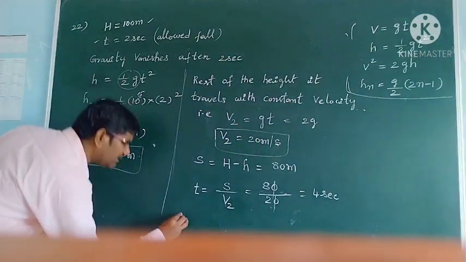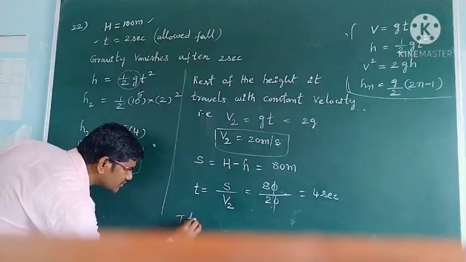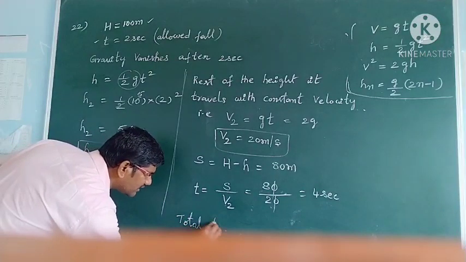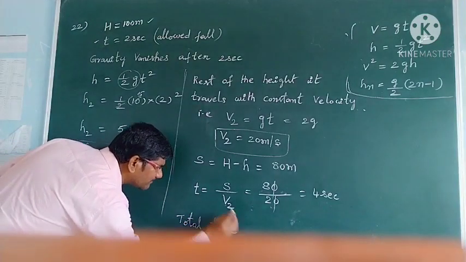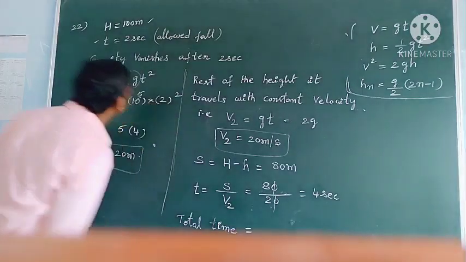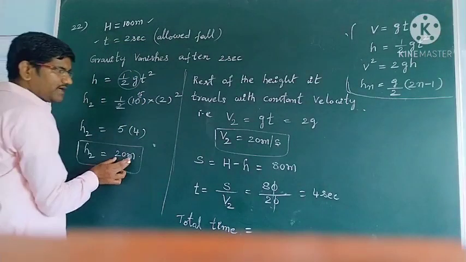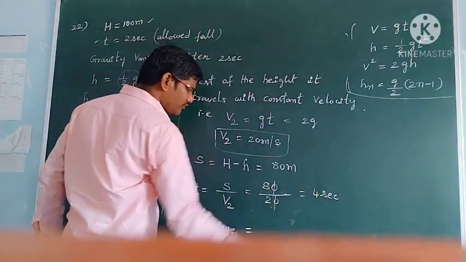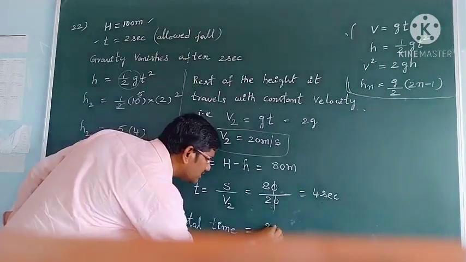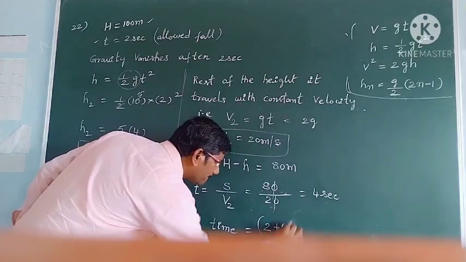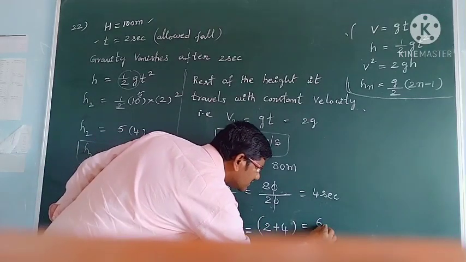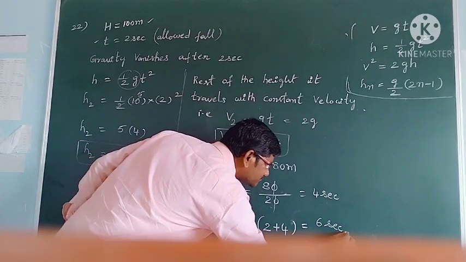So now we have to find the total time. Total time means first 2 seconds it travels 20 meters and the remaining 80 meters in 4 seconds. So total time means 2 plus 4. So the answer is 6 seconds.